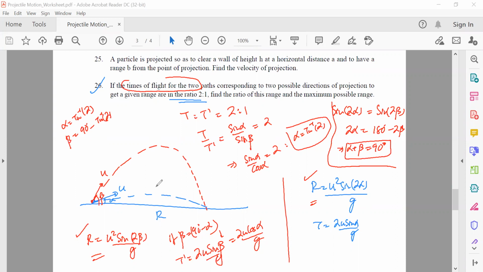Okay, this. Now from this we have to find this information that whatever range we are getting in this case, when we are taking the angle of projection equal to either of these two, with respect to the maximum possible range, we have to find that ratio.